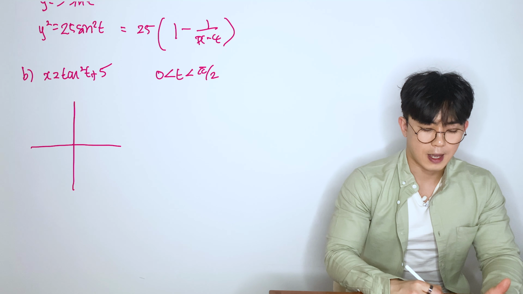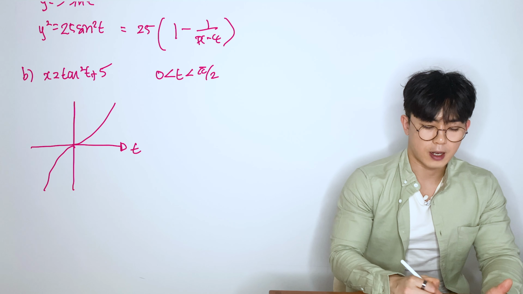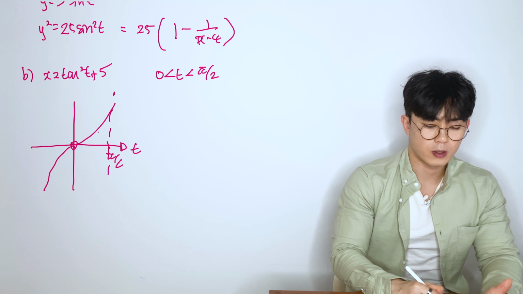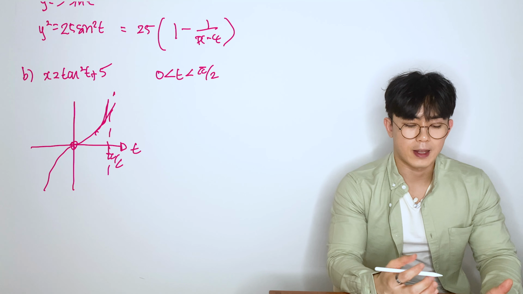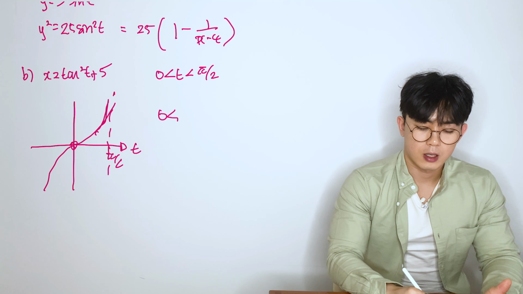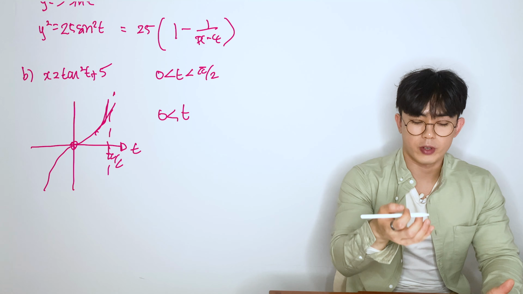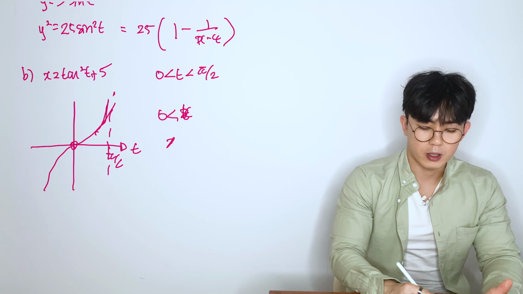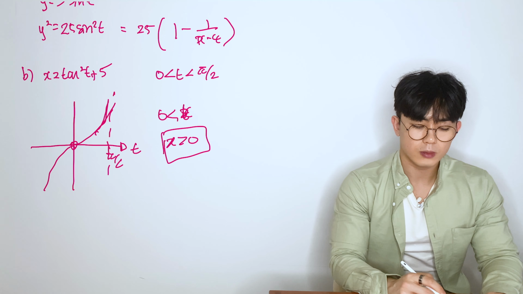So if I was to draw a tan graph here, and t is between 0 and pi over 2, okay, so pi over 2 is an asymptote, right? Like this. And so if we're squaring any values within that range, then they're all going to be a positive value, bigger than 0, and having no upper limit because it's an asymptote, it's going to go up into infinity. So in fact, x is just going to be bigger than 0. So that's going to be the domain of the function.